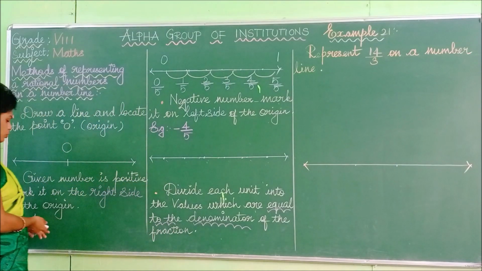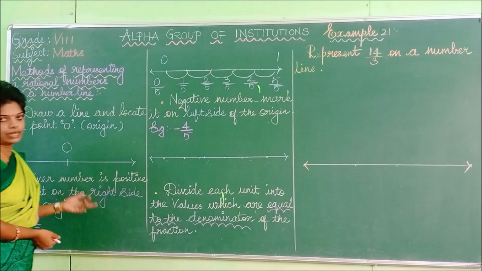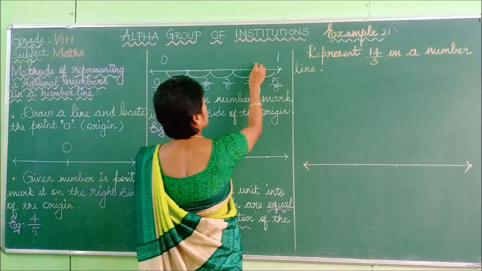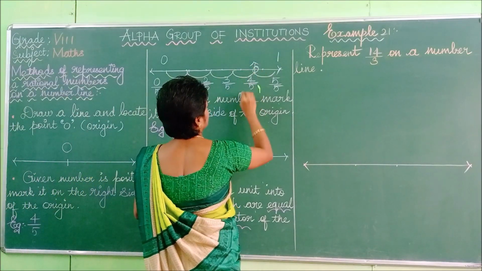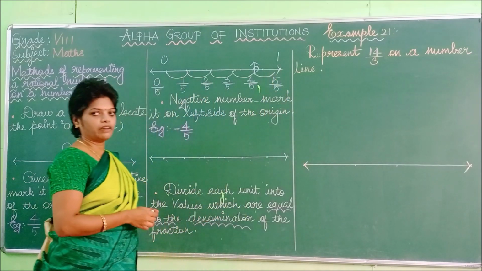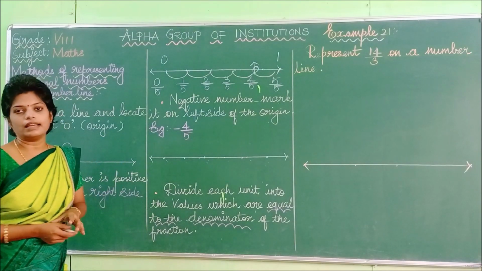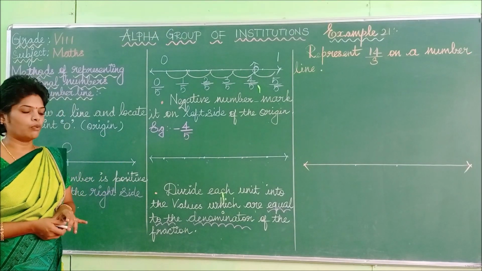If they ask you to mark 4/5 on the number line, this is the point. 5/5 again represents the value 1. So we can say the value 4/5 lies in between 0 and 1.